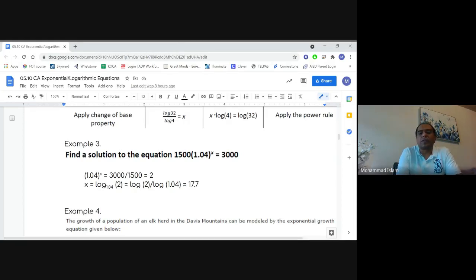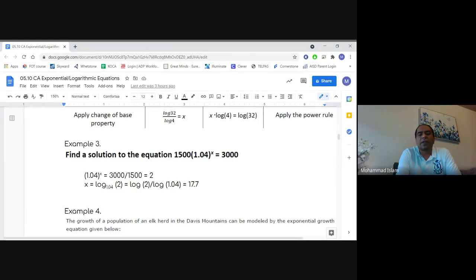Again, you want to isolate this term that has x, because x is what you need to find out eventually. So you divide both sides by 1500, so you will get 1.04 exponent of x is equal to 2. Now once you have this expression, you can either take log base 1.04 like I did.